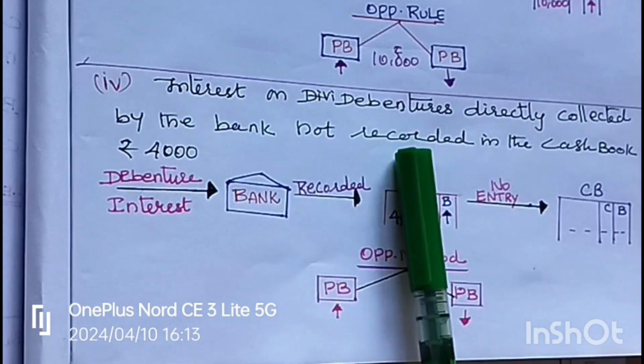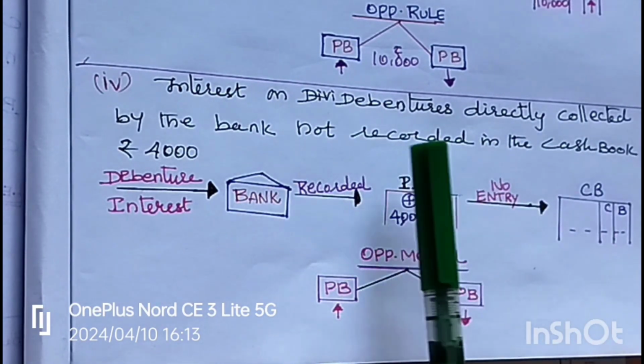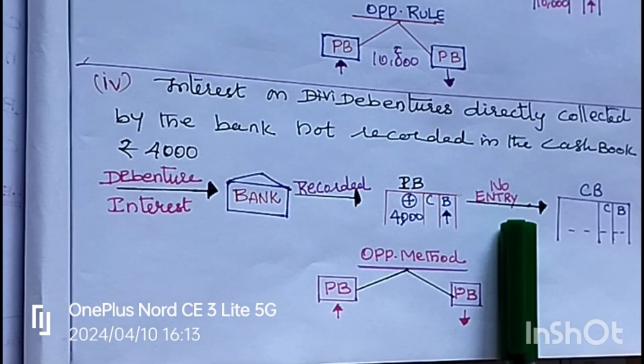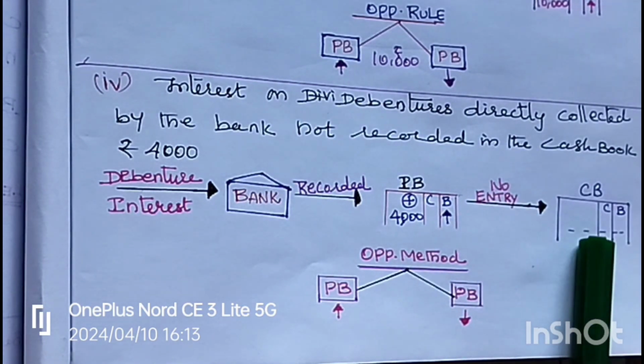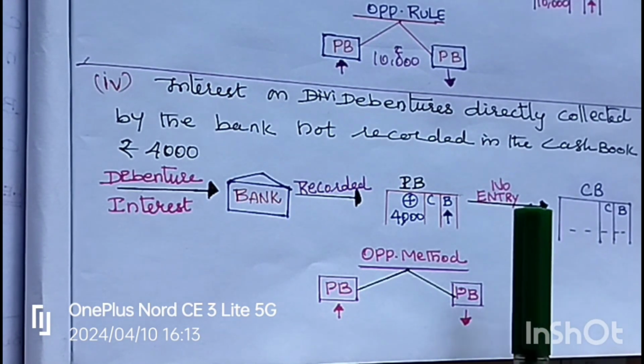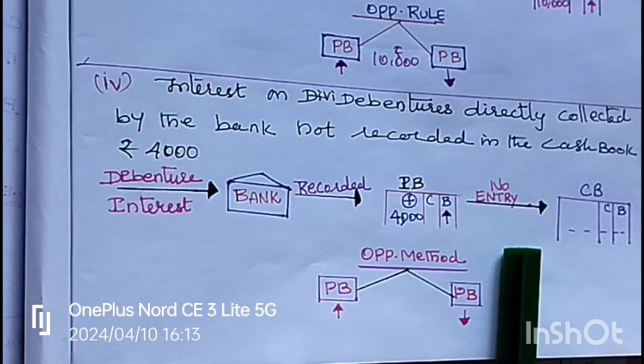It is not recorded; the record is not entered in the cash book. So no entry is made there. There is no change in the cash book. Why? Because the business accountant doesn't know that the bank directly collected interest on debentures. Only when the bank statement is received by the customer is the entry made in the cash book.